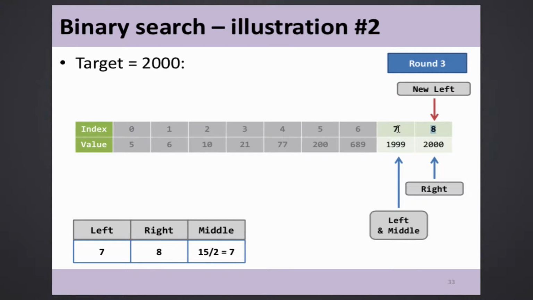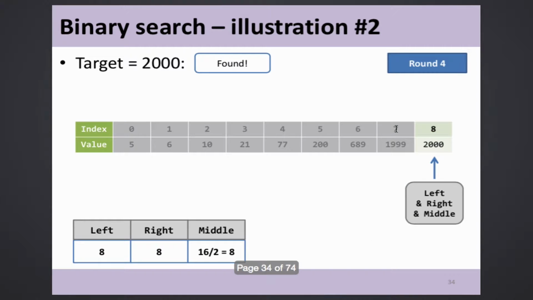Okay, so I have only 2 slots left. It's very unlucky that after comparison, the left and the middle give me the same number. Okay? But the left is not the one that I want. So I will take one more step, cancel 7, and move the left to slot 8. And then I found it.